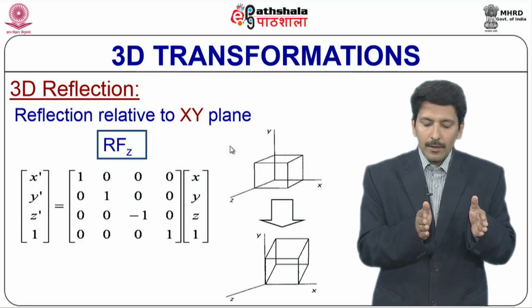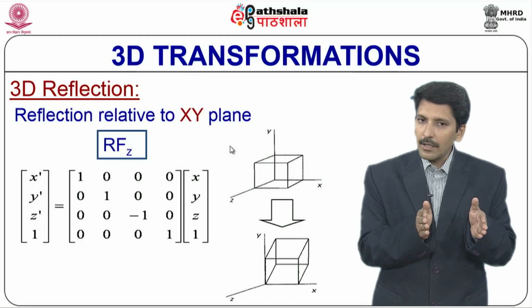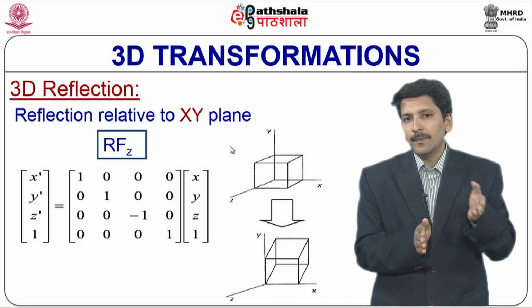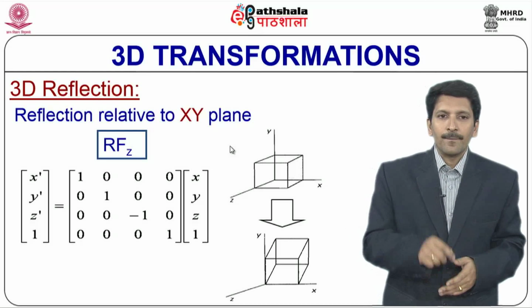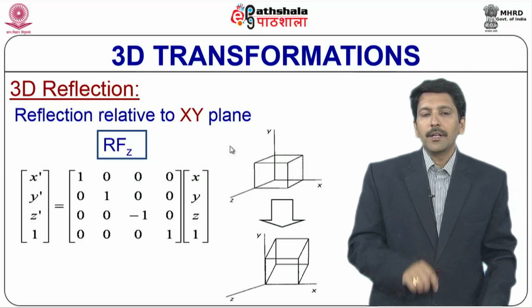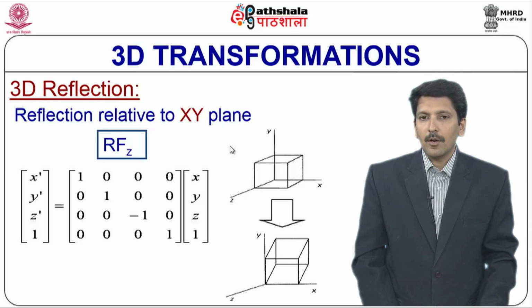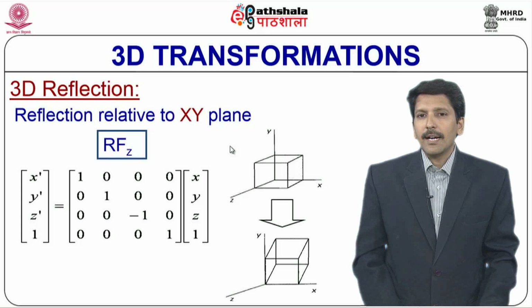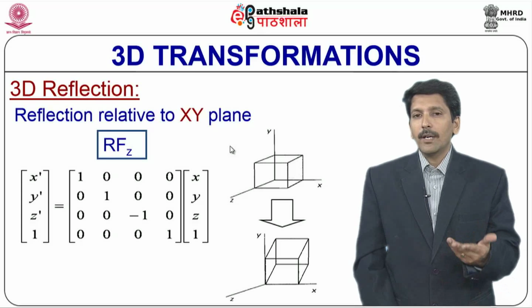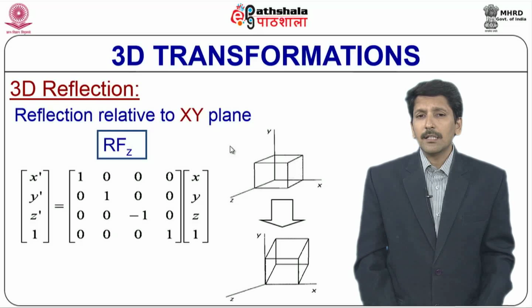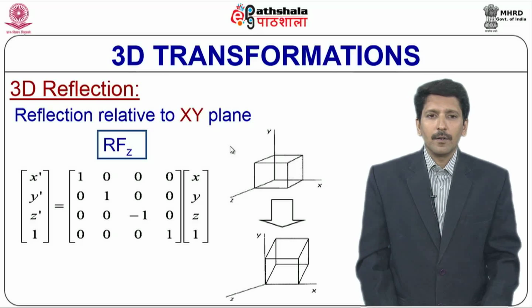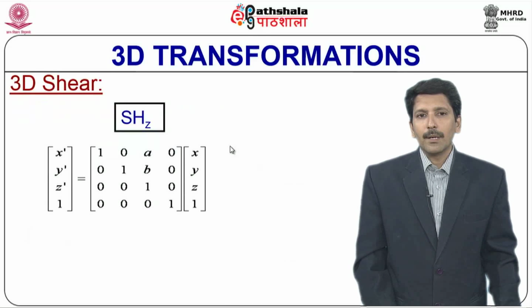So the object's x coordinate is not getting changed, its y coordinate is not getting changed, its z coordinate is now on the negative side. That is why the matrix has a -1 in the third row and third column position. The xy plane is nothing but the z equals 0 plane. So the z coordinates alone become negative.